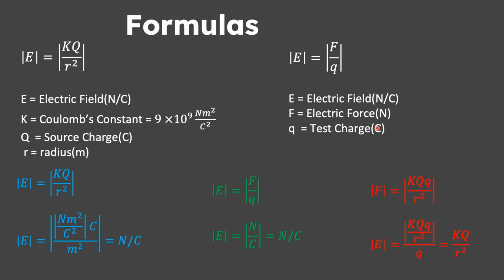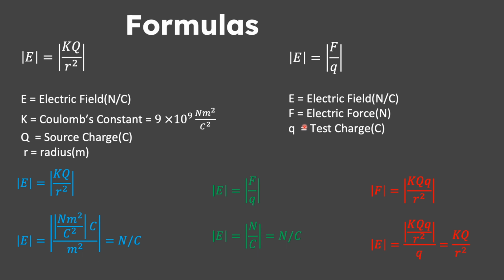The other formula is E equals F over q, also having absolute values on both sides. The F in this formula represents electric force and has units of N, and E is also the same as the previous equation, also being equal to electric field.